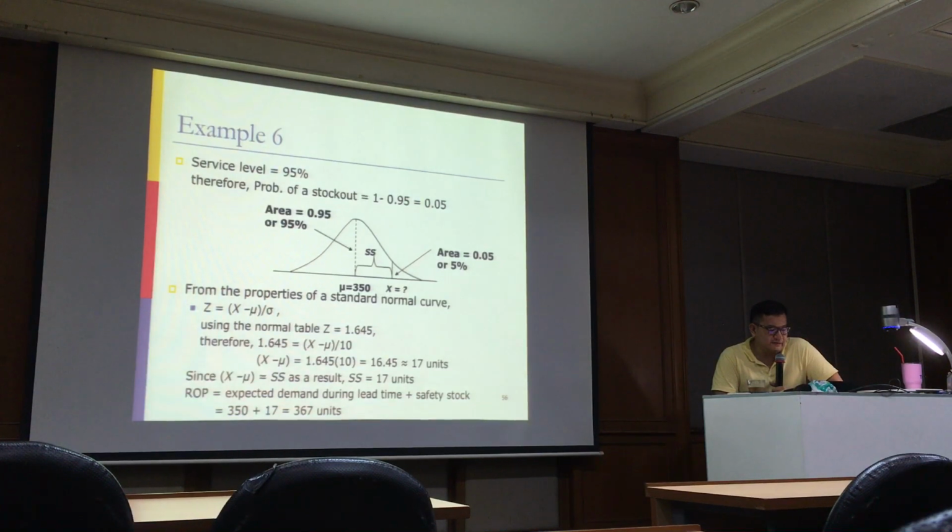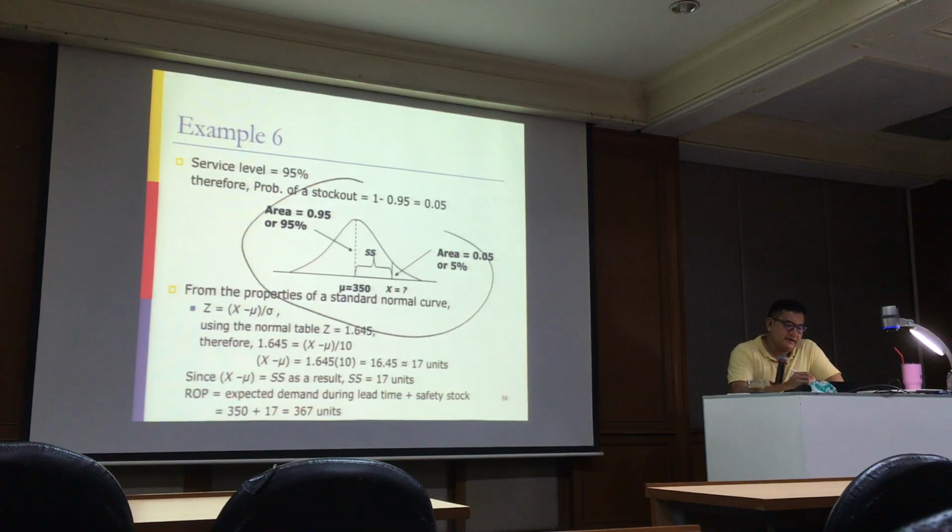Then you substitute z equal to 1.645, x and mu is the mean, and the standard deviation is 10. If you look at this graph, you can see this is the mean, or mu, and this is the level x that you want to know.